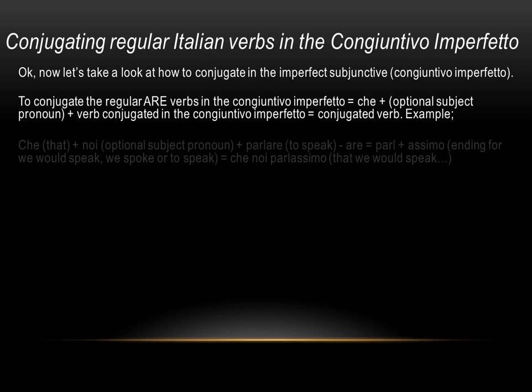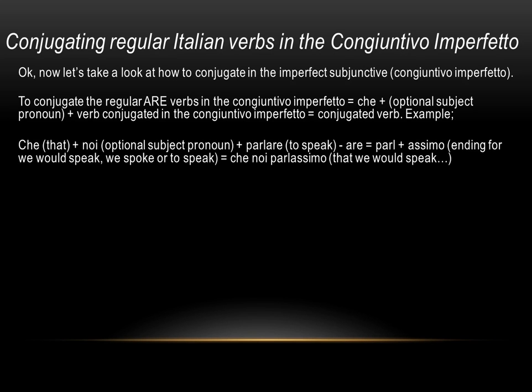Our example: che, or that, plus noi, our optional subject pronoun, plus parlare, to speak, minus -are equals parl, plus the ending -assimo, for we would speak, we spoke, or to speak, equals che noi parlassimo, that we would speak.